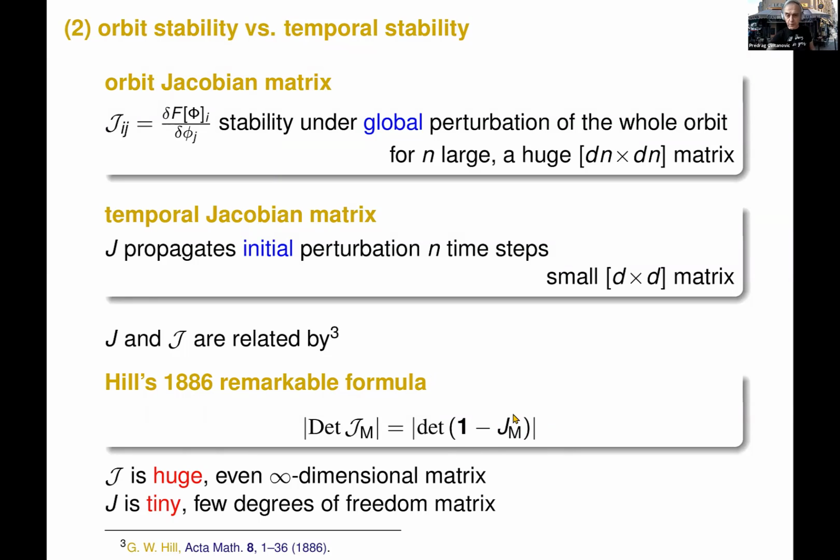So this is temporal. This is how we usually think in dynamical systems. This is the entire orbit. That's how we think in field theories. And it took Poincaré to prove this is correct because the left-hand side is a huge matrix. Because if you have a continuous orbit, then this is a functional matrix. But the right-hand side is a tiny little matrix. And it's a beautiful relation between thinking forward in time and thinking globally, locally versus globally.